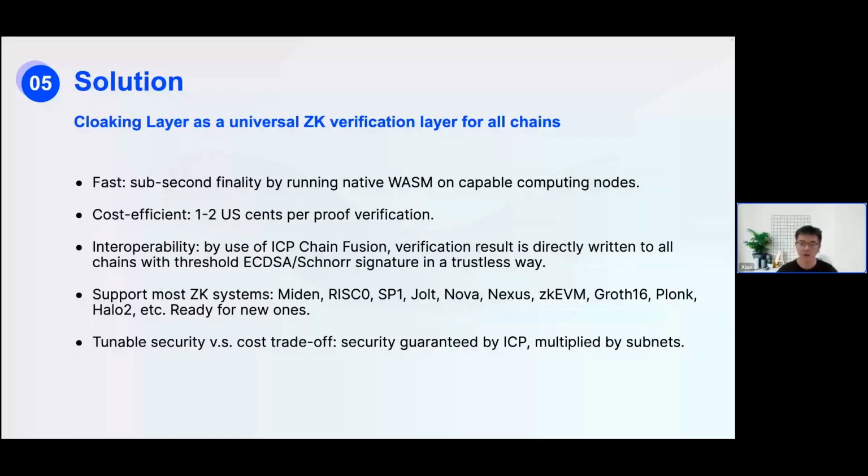Most of the systems that you are seeing today are designed using the Rust programming language, which makes them very easy to port to WASM, which runs directly within an ICP canister, which is great. So we have this architecture set up, which can accommodate not only existing zkVM systems, but we can also extend it for other new zkVMs in the future.